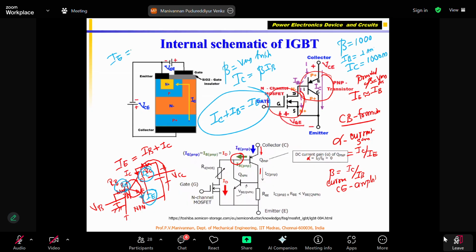IE equals 1000 plus 1. IC is 1000, so can I say IE is approximately equal to 1000? Because this 1 milliamp can be neglected compared to 1000. So we can say that IE equals IC.